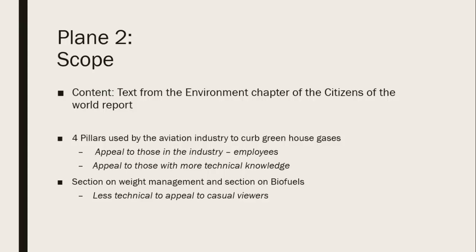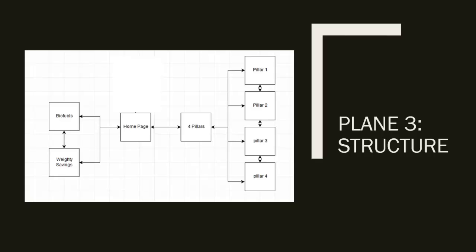Then there will be 2 sections, one on weight management in planes and another on biofuels. These will have a bit less technical jargon, and so they will appeal to more casual viewers. Looking at the structure for this project, we have purposefully split up the paths that the user can take.